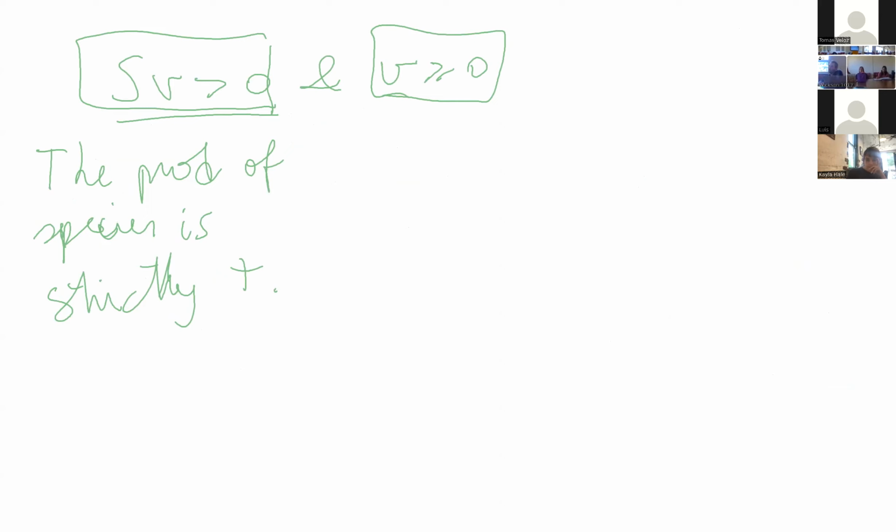If I say v larger or equal than 0, that means it can be that some reactions have rate equal to 0. But we are also asking that the production of a species is strictly positive.